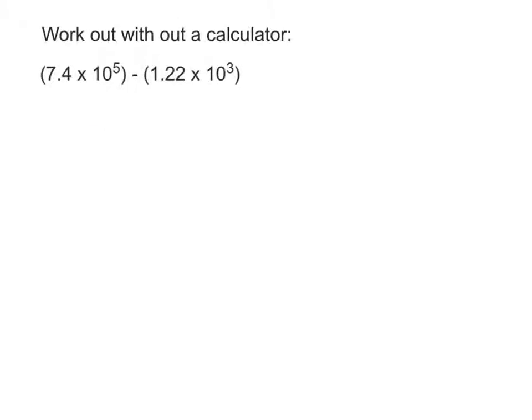So here we have a subtraction example. We're going to turn them to ordinary numbers. So that's going to be 740,000, and this one is going to be 1,220. We're going to subtract those.